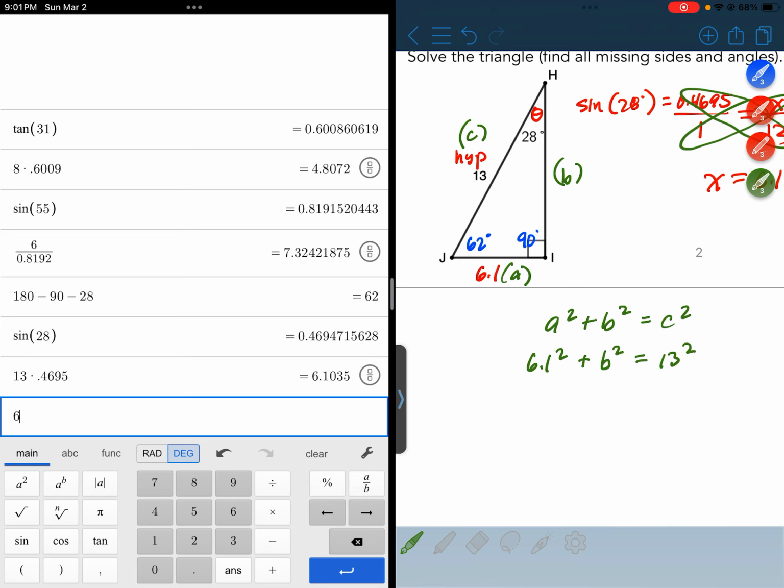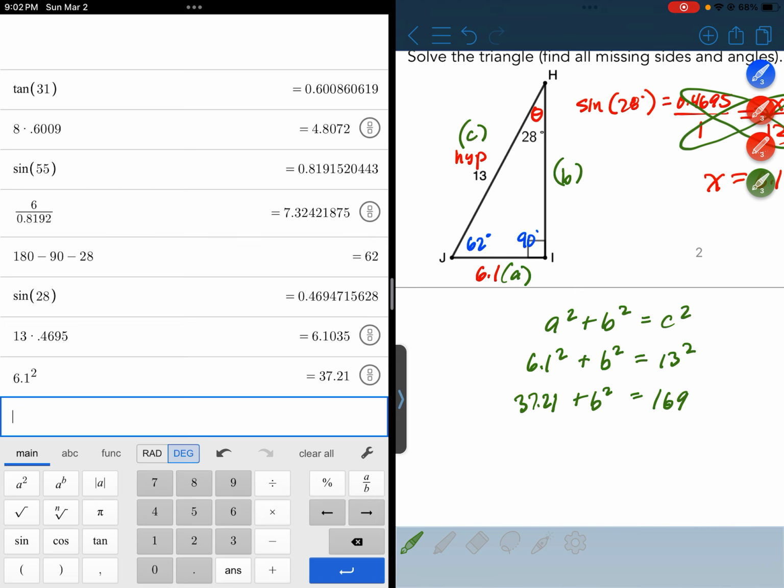Let's see, 6.1 squared, oops, not 61 squared, 6.1 squared is 37.21, plus b squared equals, I want to say 169. Let's just check. 13 squared is 169.